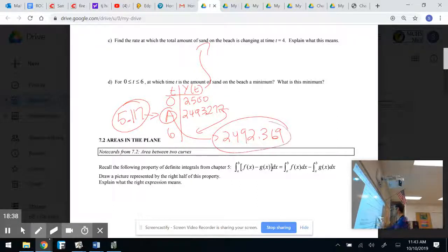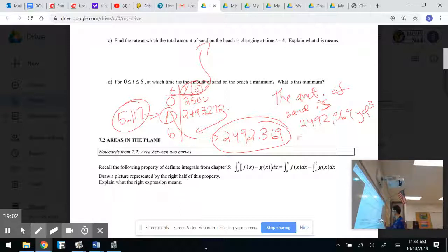Is that a minimum, class? It is. So the amount of sand, because remember, that's the total amount of sand right there, is 2492.369 cubic yards at time equals 5.118 or 117.